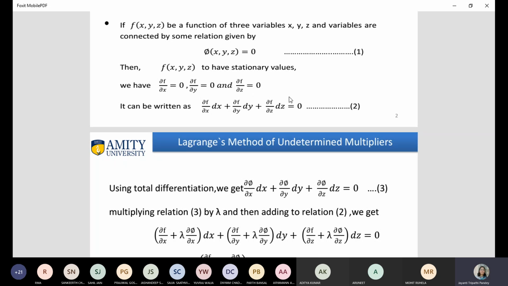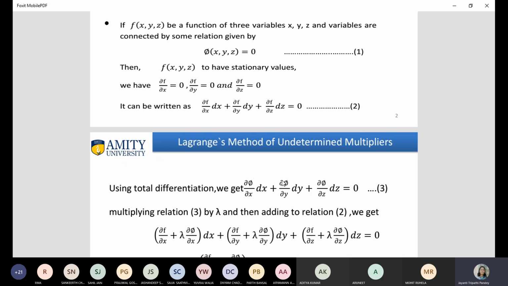So what you have taken is the total derivative this way. Here you took the points of stationary values and multiplied them with dx, dy, dz and made it 0. Here you already have this value as 0 and then you took its total derivative and found this as 0. So 2 is formed and 3 is directly generated from 1.